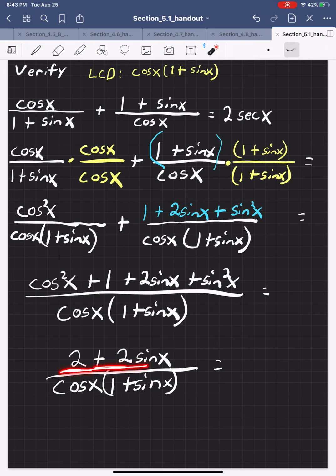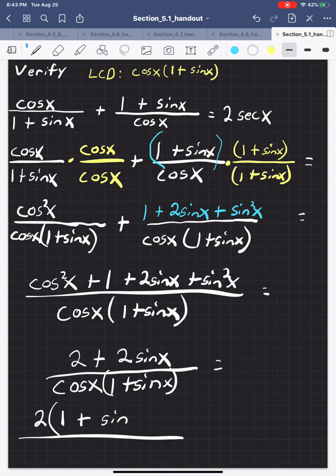Well, let's just go back to our strategies. Remember, we're allowed to factor. So do you agree with me that I can factor a 2 out of this numerator? Let's just try it. Let's see what that looks like if I factor a 2 out, so that I would be left with 1 plus sine of x.